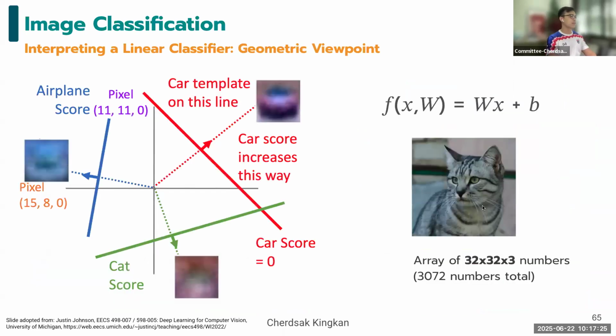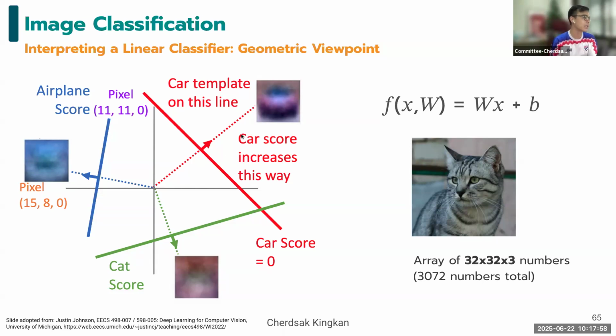If we look at the linear classifier from another viewpoint, the geometric viewpoint, because it's linear, for each and every class we are going to have a boundary. As a linear function, it depends on the equations that our model can come up with. So we can draw boundaries to separate the different classes.